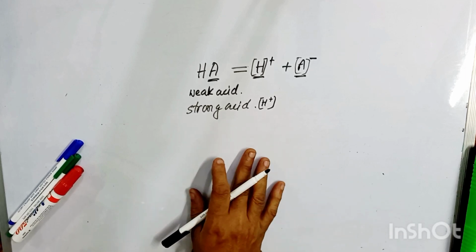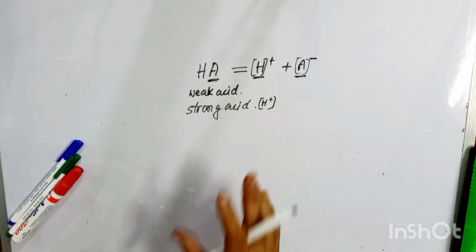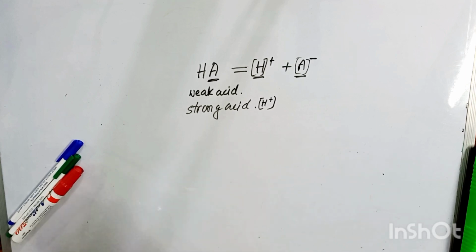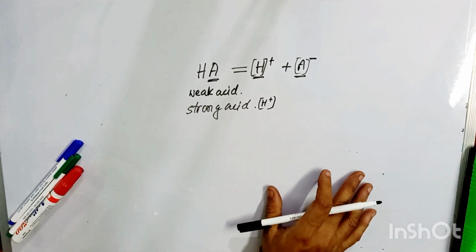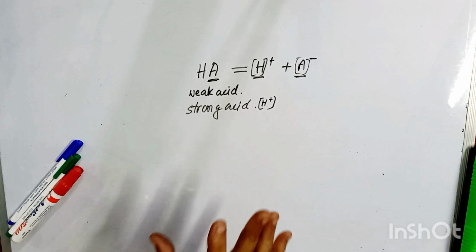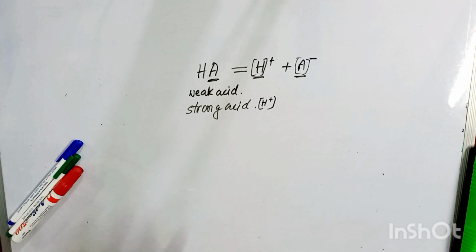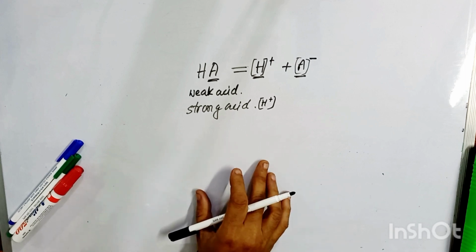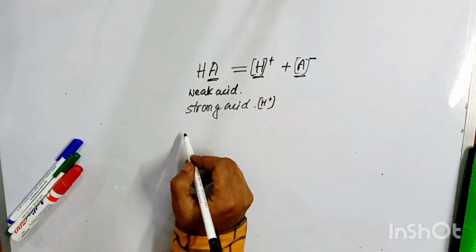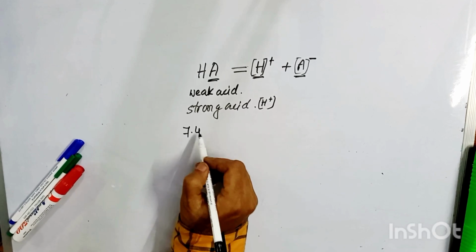The proteins, the enzymes, the biological molecules get painted by hydrogen ions. All the anions in our body stay as anions. Why do they stay as anions? Because our body pH is around 7.4.